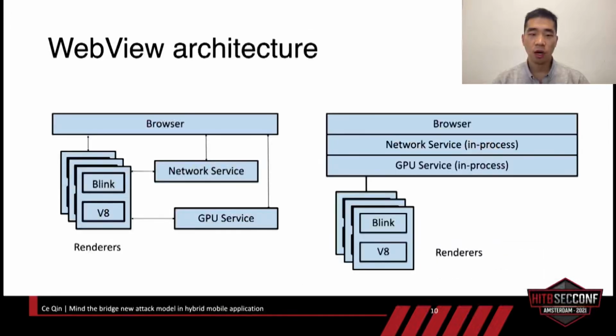Glossing over a lot of details, Chrome Desktop has lots of renderers, utility processes for services, and a sandbox for each renderer. Chrome for Android runs services in the browser process instead of a utility process.